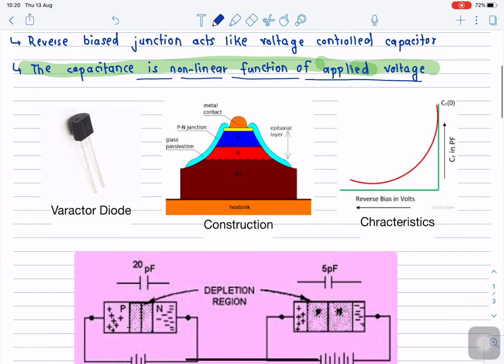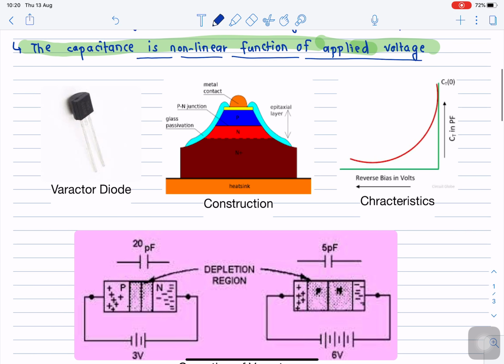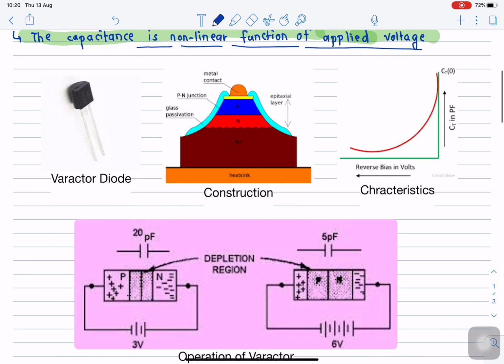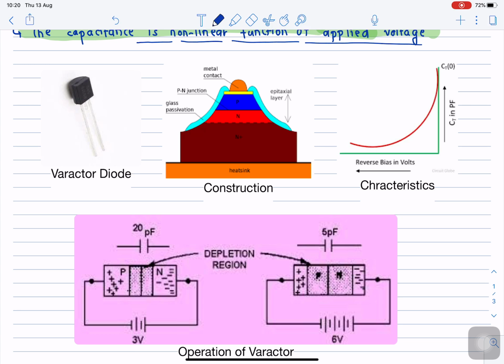And the characteristics of the Varactor diode are shown on the right hand side. So when we increase the reverse bias, when we make the potential more and more negative, what will happen? The junction width will become more and more. As the junction width becomes more and more, the capacitance will decrease and we will get such a kind of curve in this way.